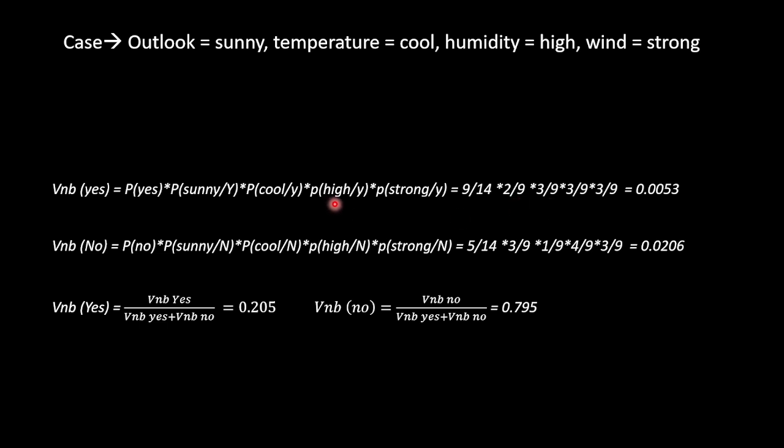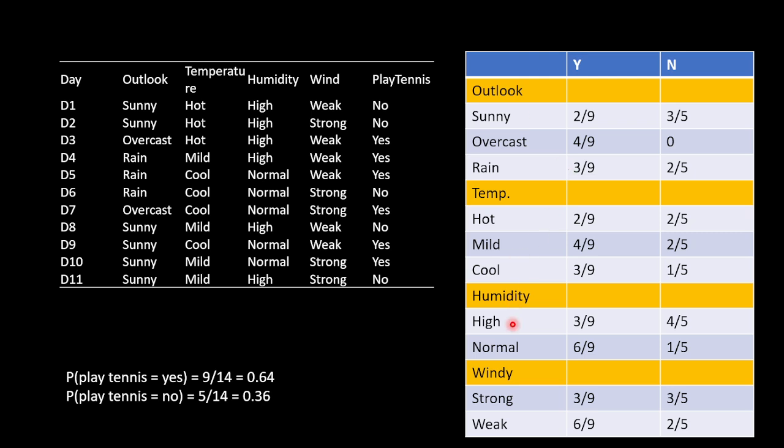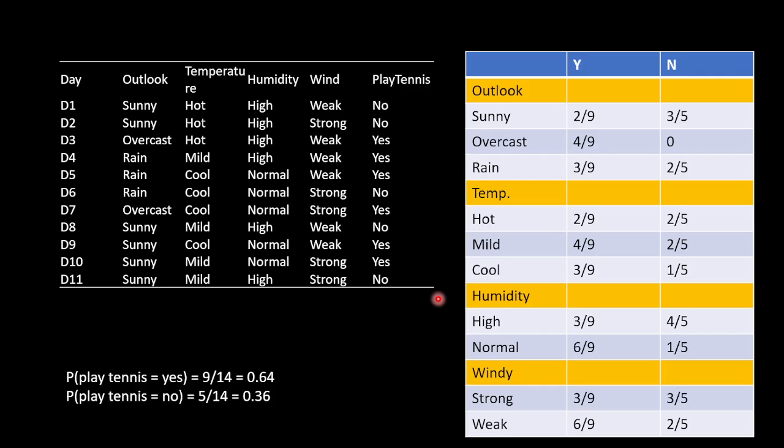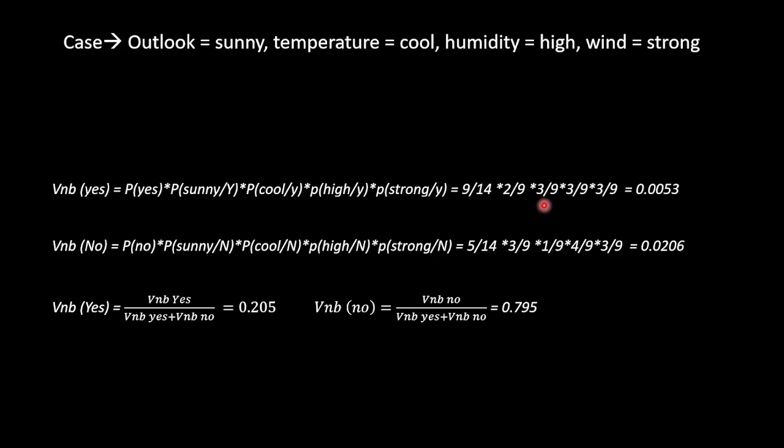Then comes P of humidity high, given yes, 3 by 9. And the last one is wind should be strong, strong wind 3 by 9. So 3 by 9 into 3 by 9. Altogether you will be getting a value of 0.0053.